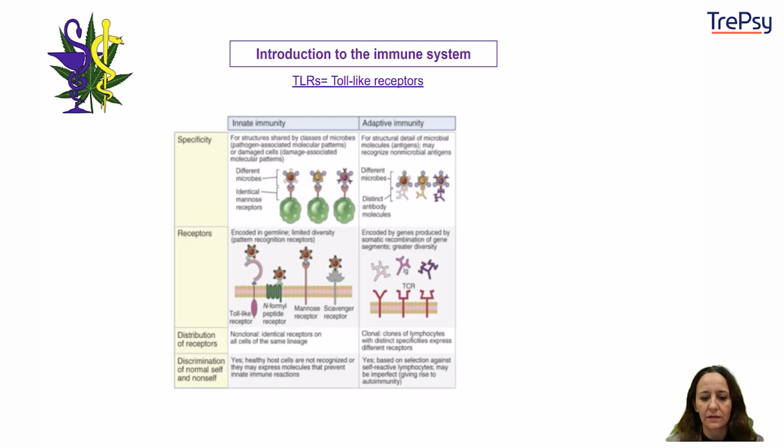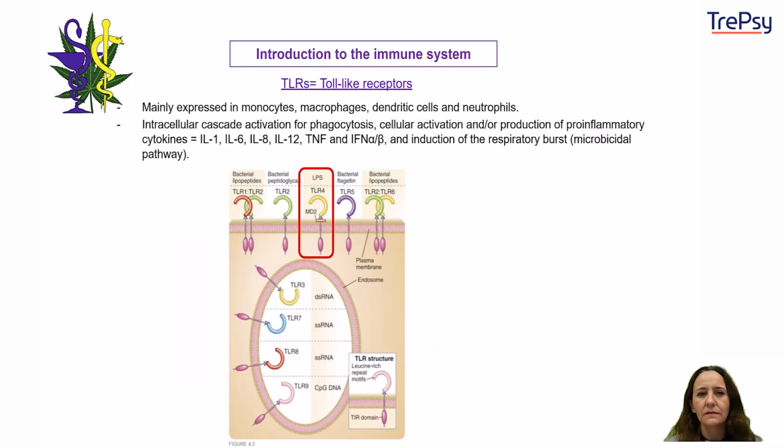What are these TLRs? These are molecules that are in the membrane of these cell populations, but not only in the extracellular membrane, they are also present in endosomes inside the cells. If we have a look at this image, we can see that they can heteromerize or be alone in the membrane.